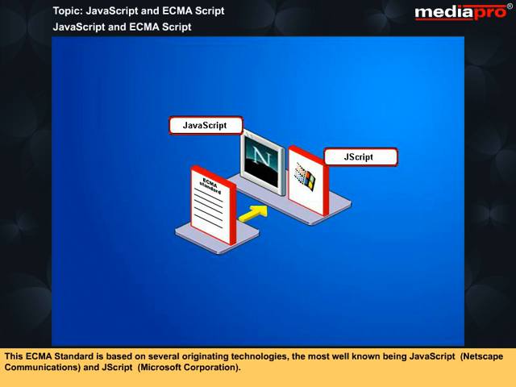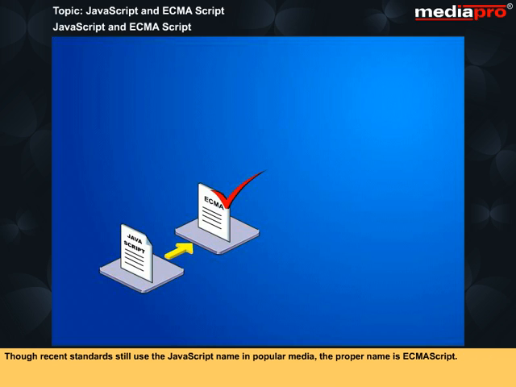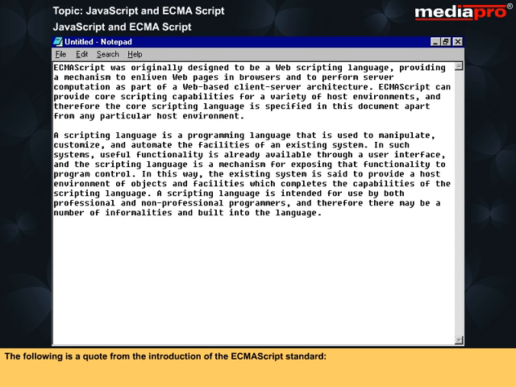This ECMA standard is based on several originating technologies, the most well-known being JavaScript, Netscape Communications, and JScript, Microsoft Corporation. Though recent standards still use the JavaScript name in popular media, the proper name is ECMAScript. The following is a quote from the introduction of the ECMAScript standard.